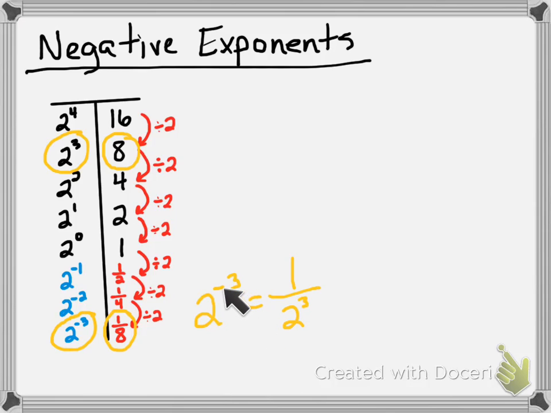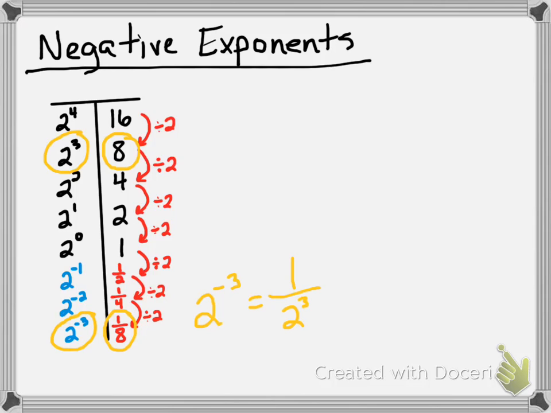This is our basic definition of a negative exponent. The negative exponent just means that this value belongs in the denominator. You can see that that actually happens on all of these. 2 to the negative first is 1 over 2, because 2 is 2 to the first. 2 to the negative second is 1 over 4, because that's 1 over 2 squared.